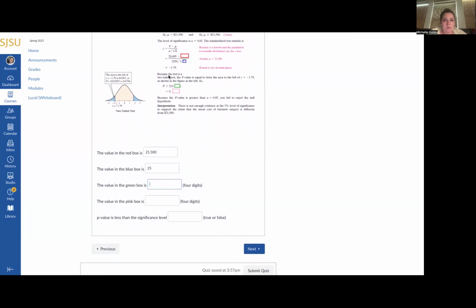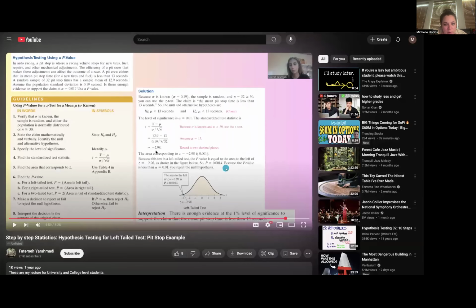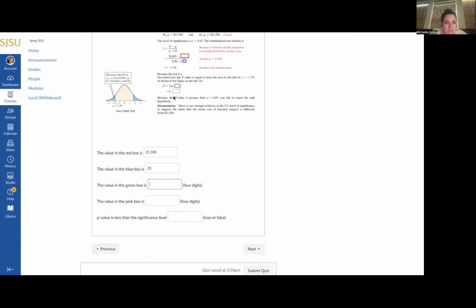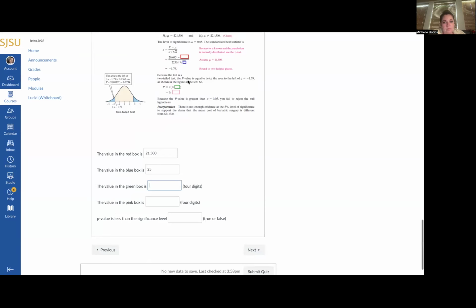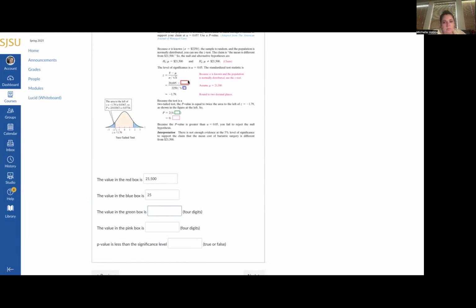And then the value in the green box, because the test is two-tailed, the p-value is equal to twice the area to the left of z. So z equals negative 1.79.